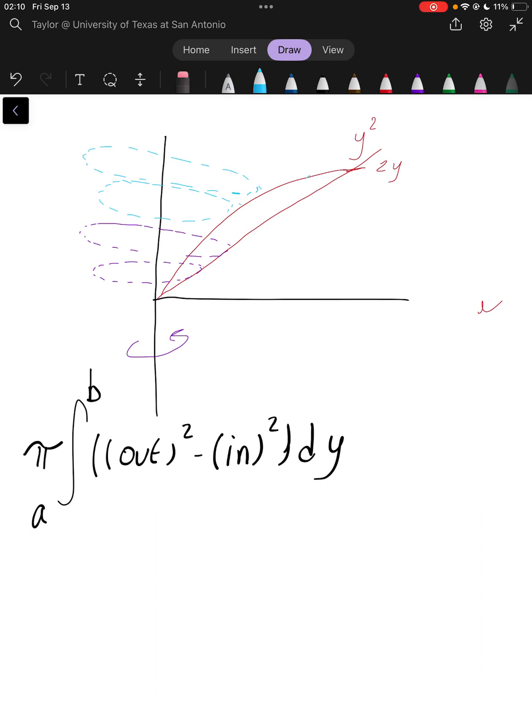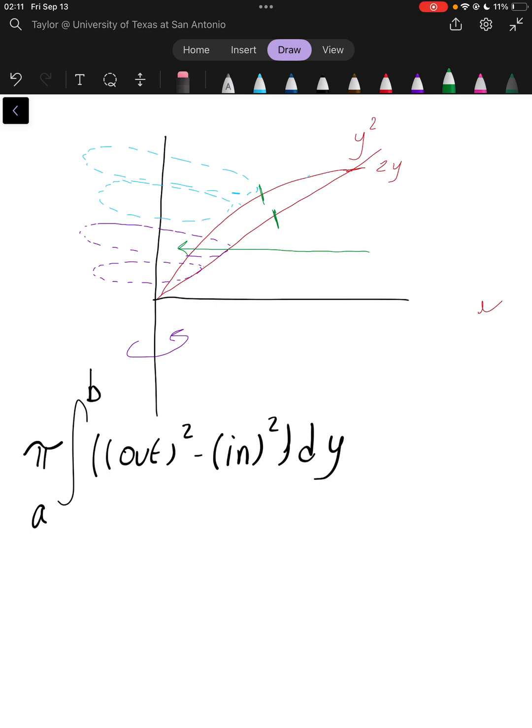Alright, so next what we need to do is establish what our outer and our inner function is for our washer method. And again, we're integrating with respect to y, so I'm going to draw a perpendicular line to my y-axis. And we see that we hit 2y first, and then we hit y squared.